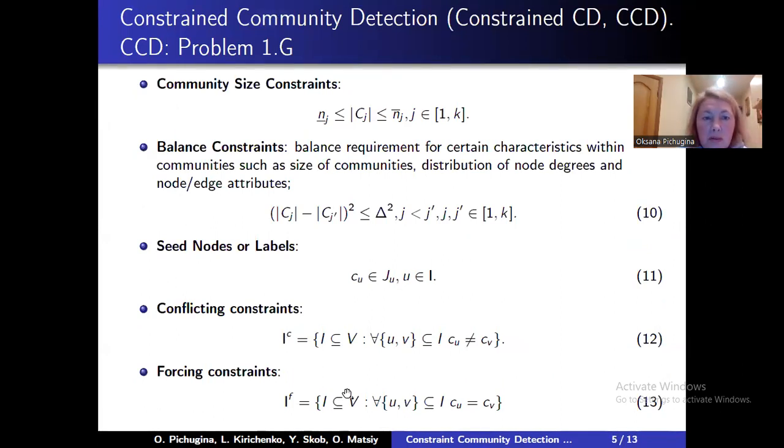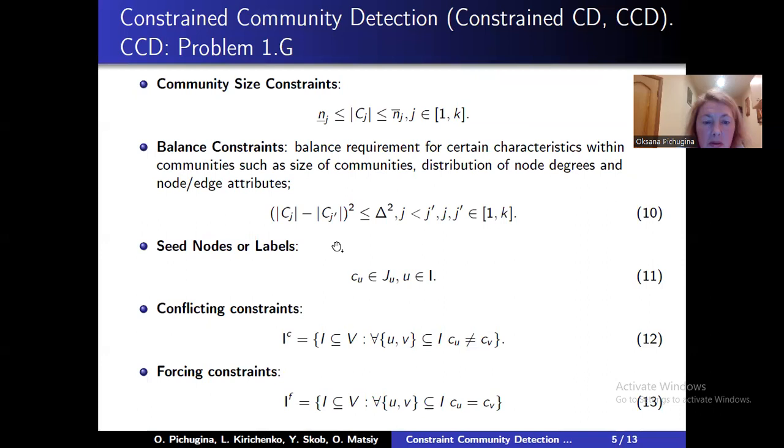Moving to the constraint community detection problem, CCDP. A list of some constraints present can be found in the literature, such as community size constraint, balance constraint, seed nodes or labels, conflicting, forcing, etc. In terms of communities, they can be represented in the following constraints, where, for instance, this means that there is a bound on the size of the community. Balance constraints can be different, and here is one such constraint, where we have an upper bound on the difference of size of two communities.